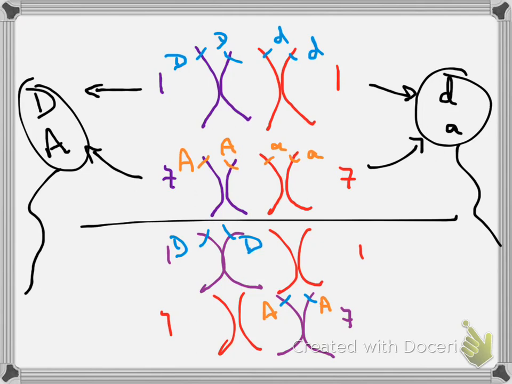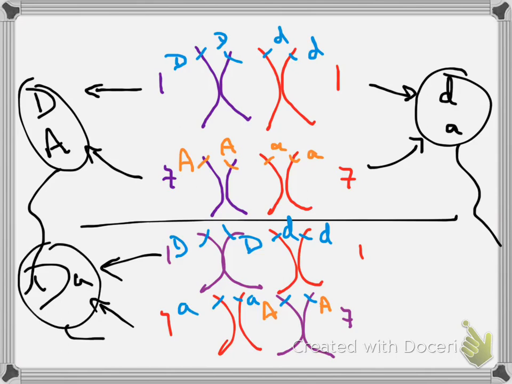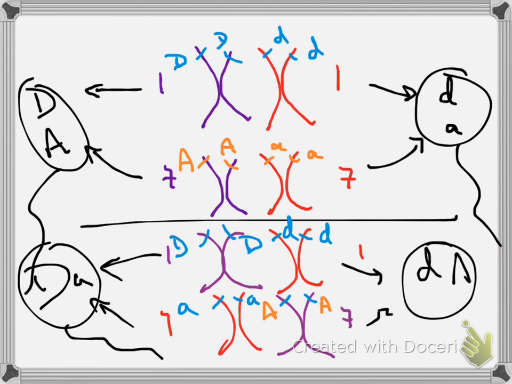Likewise, Mom's no dimples are here, and her unattached earlobe genes went over there. So now, when these separate in meiosis, big D is going to go with little a, and little d is going to go with big A and become a gamete.